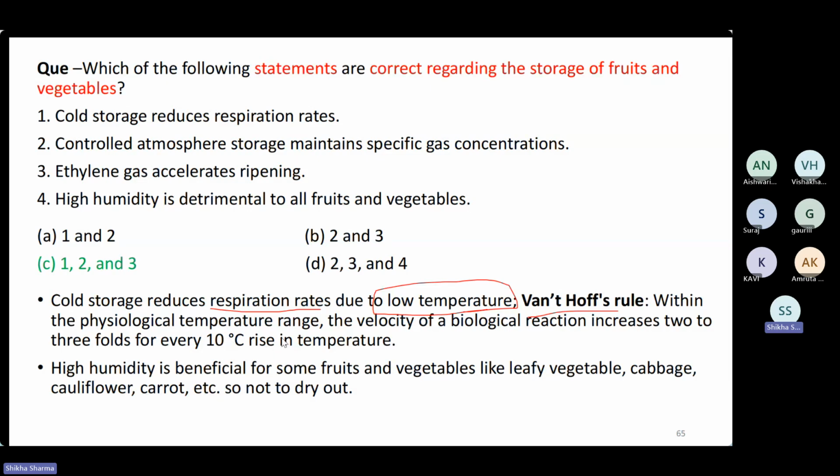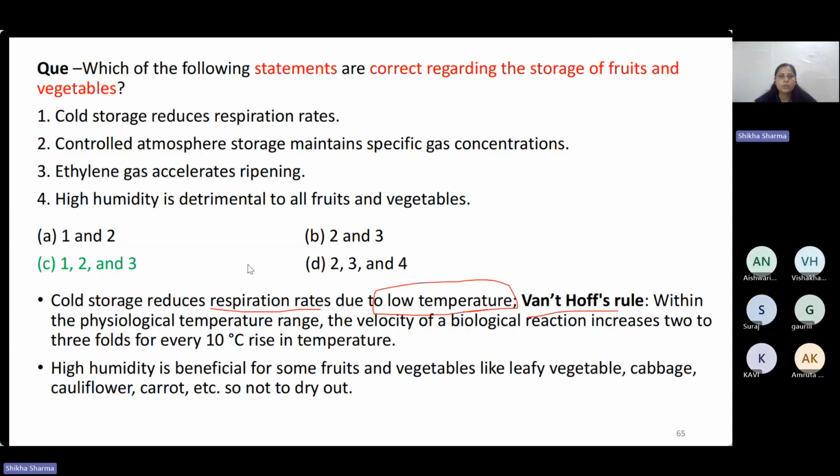But if the temperature is low, the degradation or ripening, the respiration rates will also be lesser. High humidity is beneficial for some fruit products like leafy vegetables, cabbage, cauliflower, broccoli, carrots, so that they do not dehydrate, or the transpiration rate will be low.